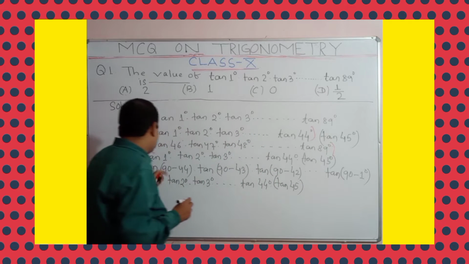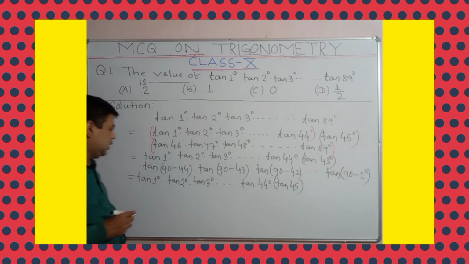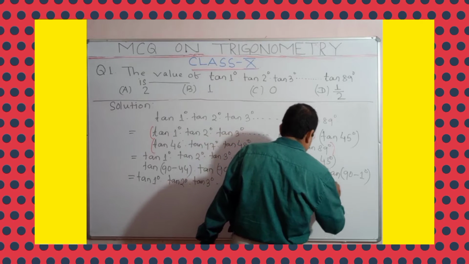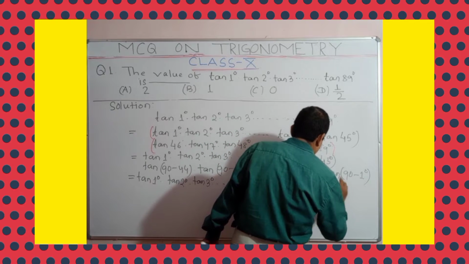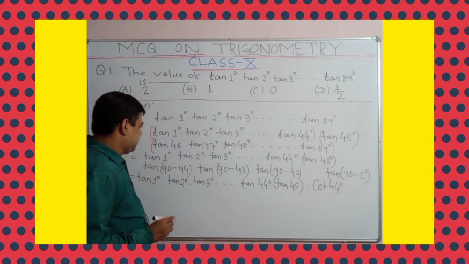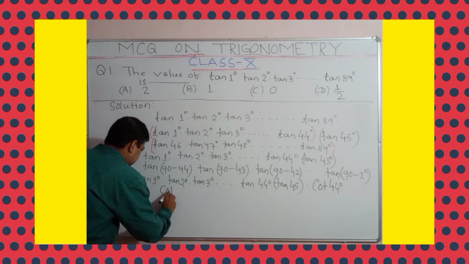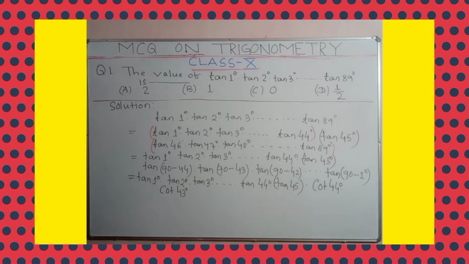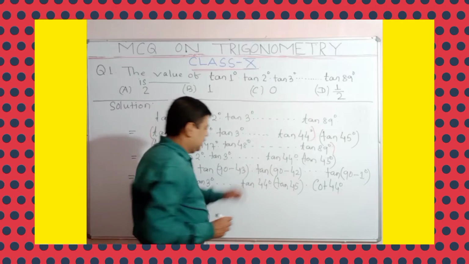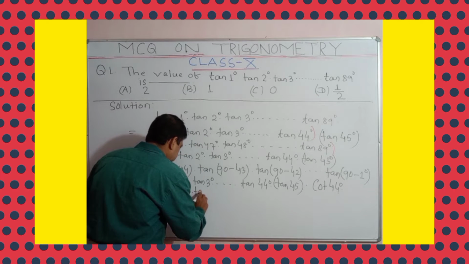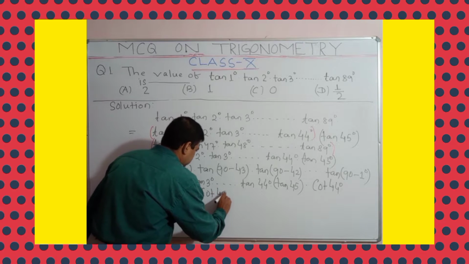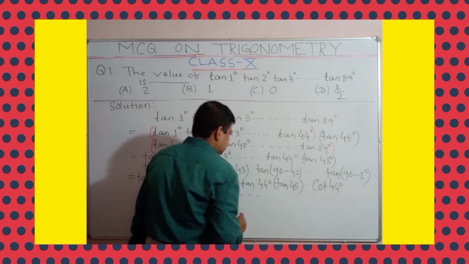You see here tan of 90 minus 44 can be written as cot 44 degree. Tan of 90 minus 43 will be cot 43 degree. Yes or no? Because you know tan of 90 minus theta is cot theta. Similarly, tan of 90 minus 42 will be cot 42 degree, and similarly up to this.